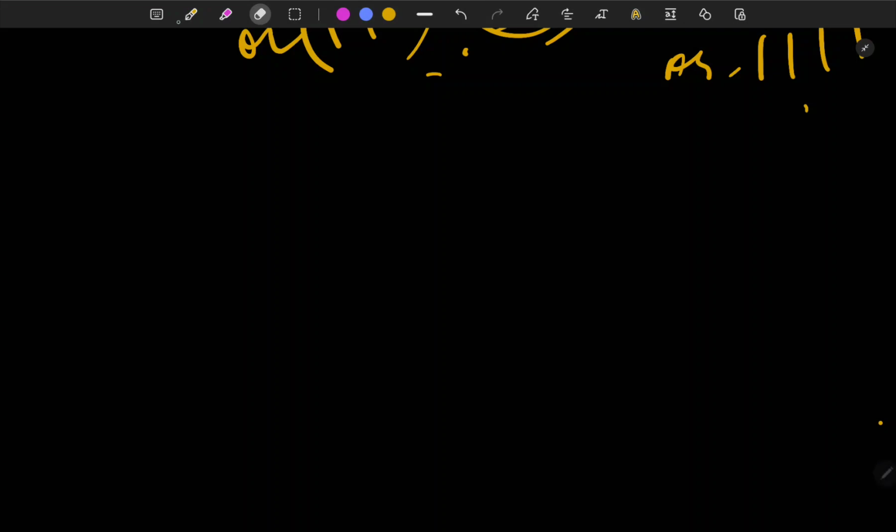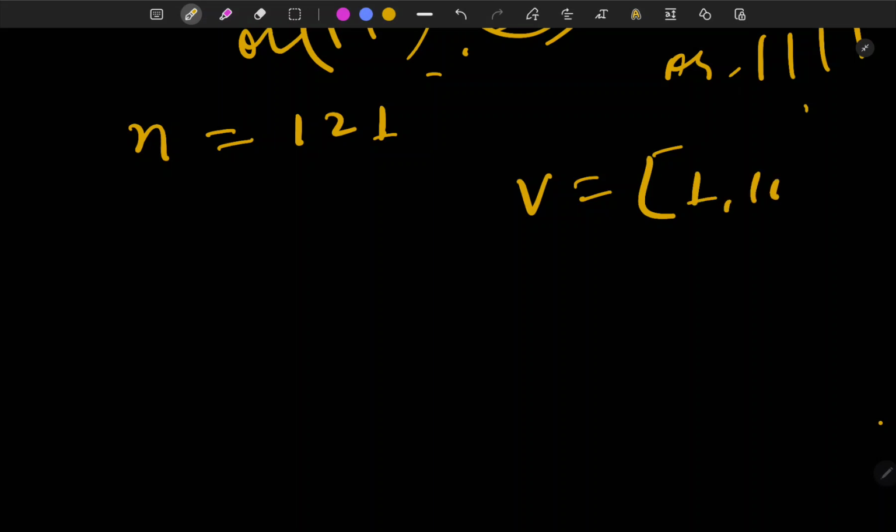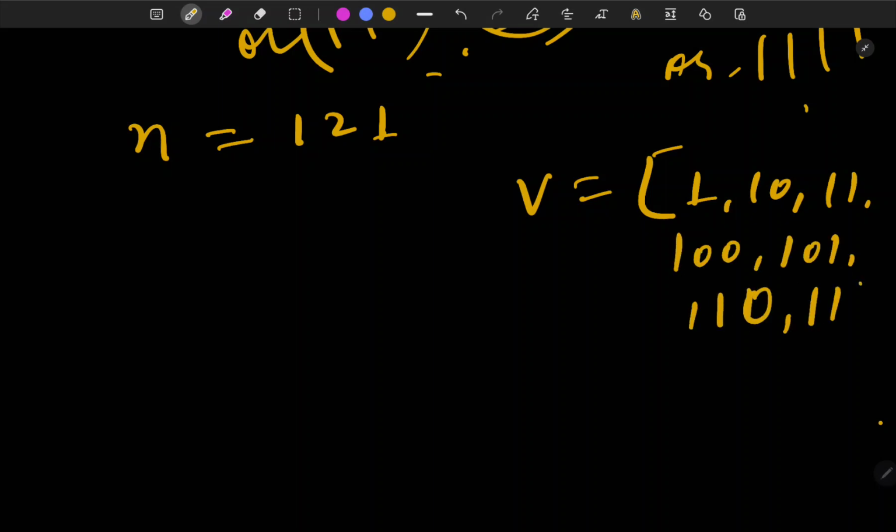Okay, so suppose I take n as one number, like 1 to 1. Basically there are a lot of numbers in our vector, like 1 1 0 1 1, 1 0 0 1 0 1 1 1 1 1 0 1 1 1 1, in this way.